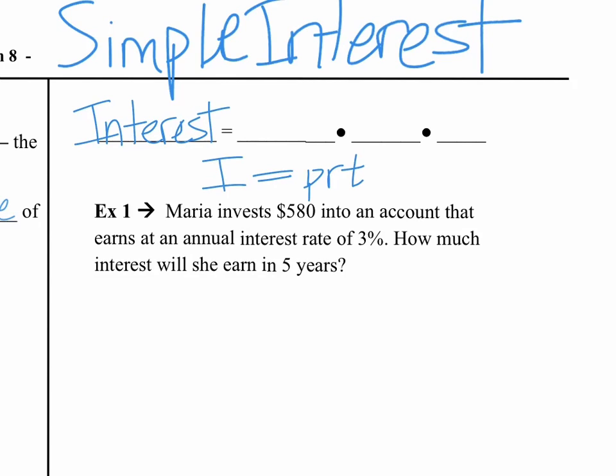The P stands for principal. The R stands for rate. And the T stands for time.